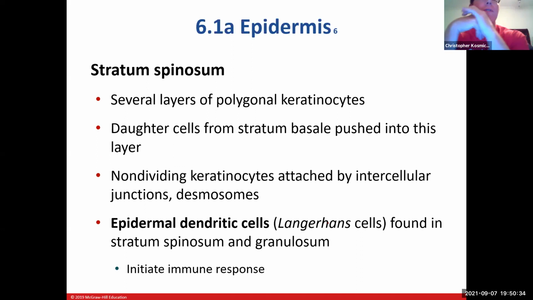Okay, working our way superficially towards the surface of our skin, the next layer is the stratum spinosum. Now, this is the layer that just received a daughter cell, or many daughter cells, from the deeper cell layer. And so these cells have just finished dividing. And so once they've done that, now we're going to start to kind of weave our epidermis together. So it's in this layer where these cells start to develop connections to one another, our intercellular junctions and our desmosomes.